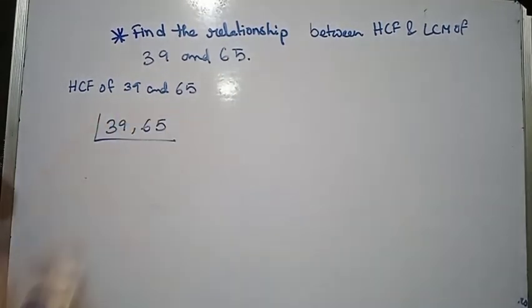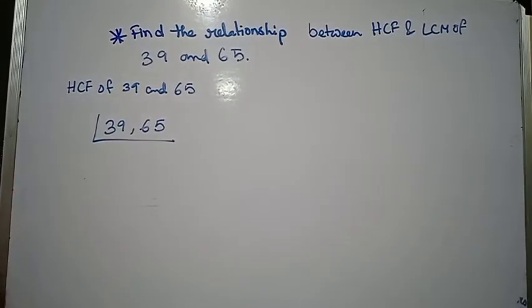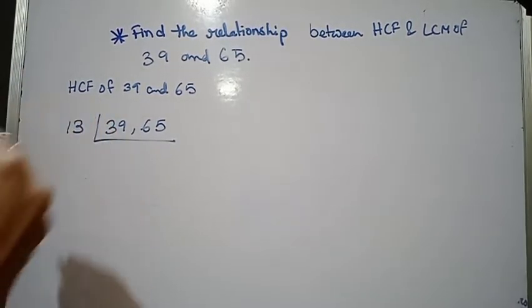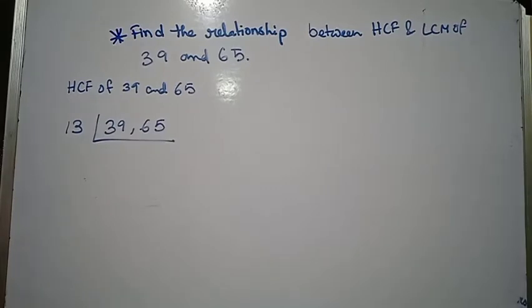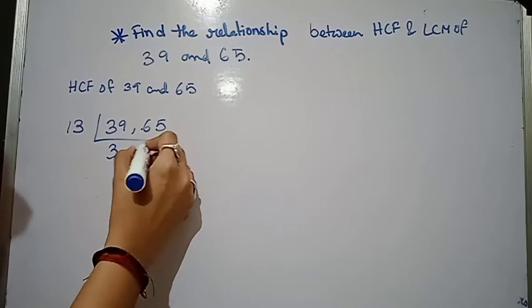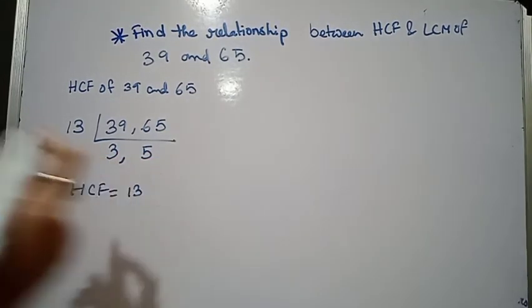As we know, we can find 39 and 65 in the table of 13, like 13 3s are 39 and 13 5s are 65. So we are going to divide by 13. This will be 3 and this will be 5. So my HCF will be 13.